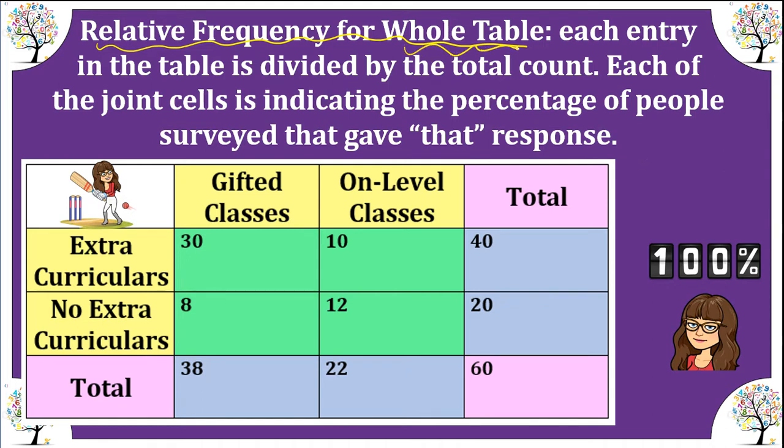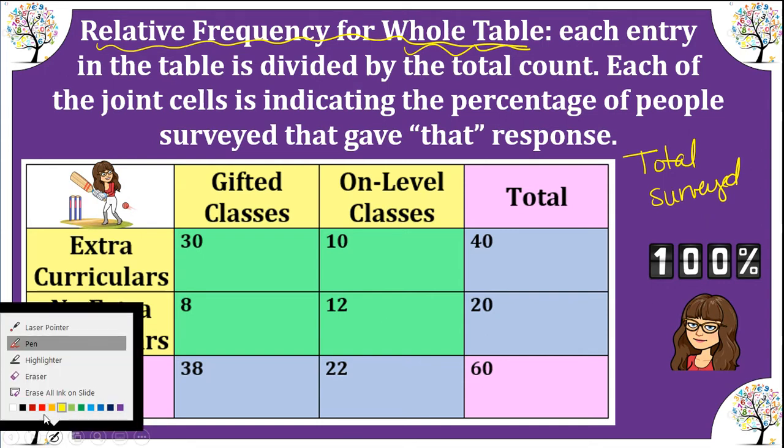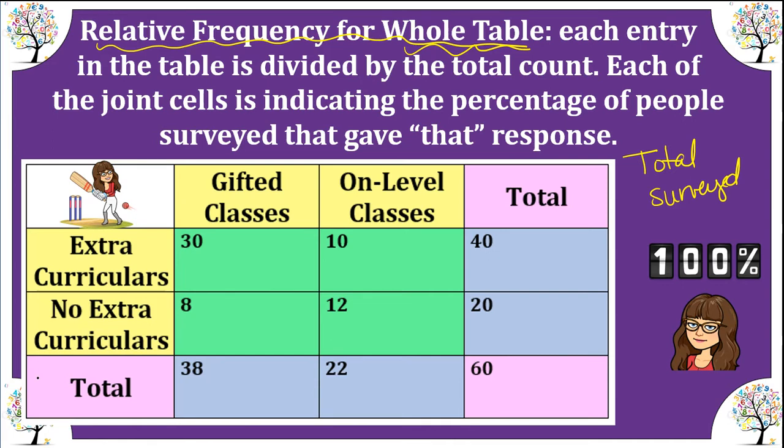So when it says whole table, you're going to use the total surveyed as your divider.